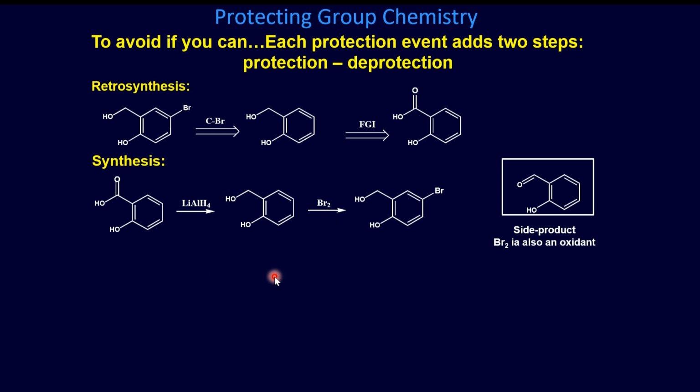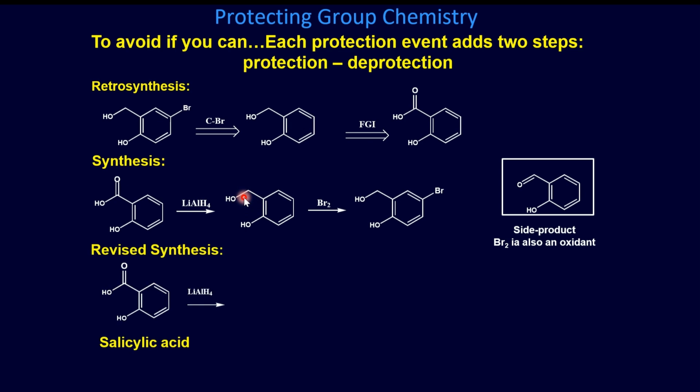How can we overcome this? We protect this OH group such that it won't get oxidized. How will we do this protection? That's why we revise the synthesis like this. I'll take salicylic acid and treat with lithium aluminum hydride.